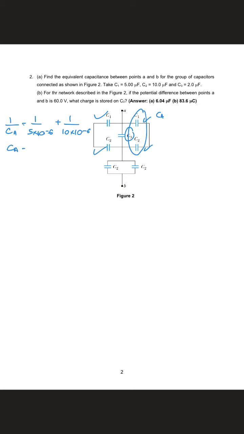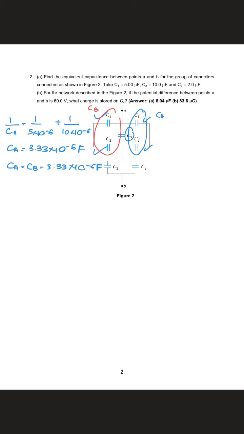For the CA combination, you get a capacitance of 3.33 × 10^-6 farad. I'll call the other C1, C2 combination CB, because it is also in series, so CB equals CA, which is 3.33 × 10^-6 farad.